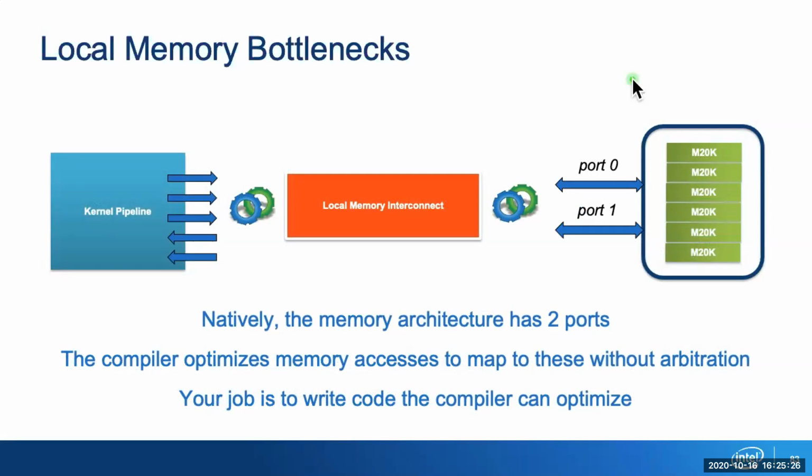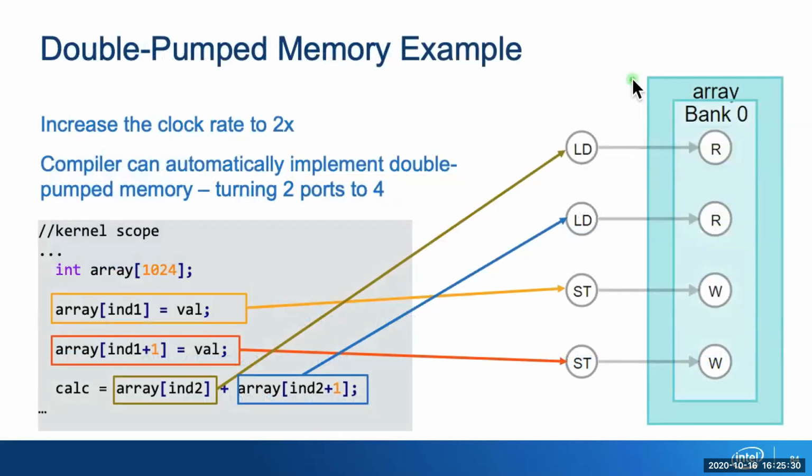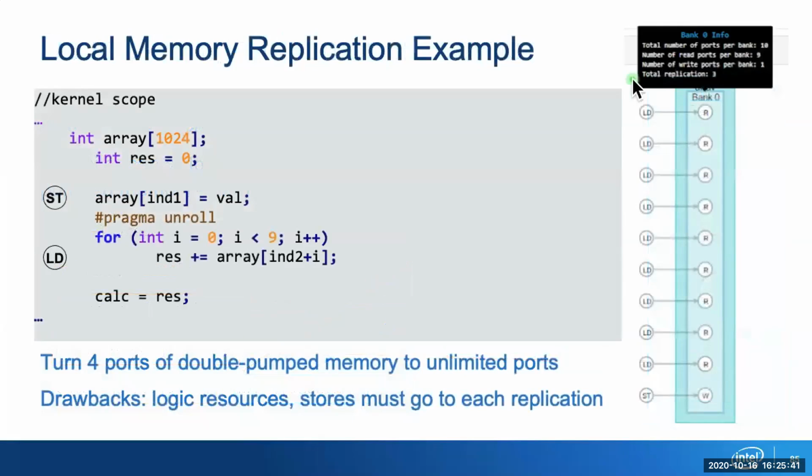Also, banking memories. We have something like the DDR memories that we can implement on FPGAs, and we can replicate the data to avoid the concurrency on access.